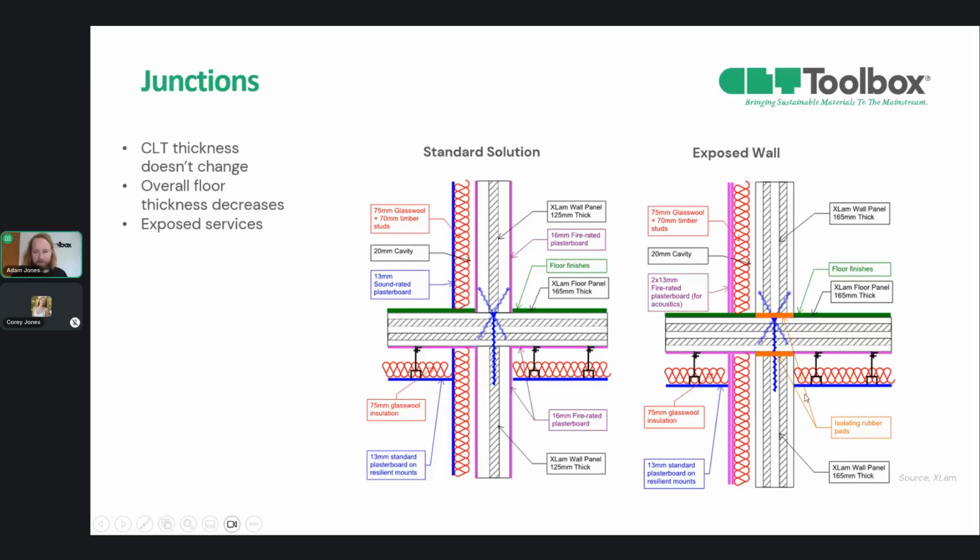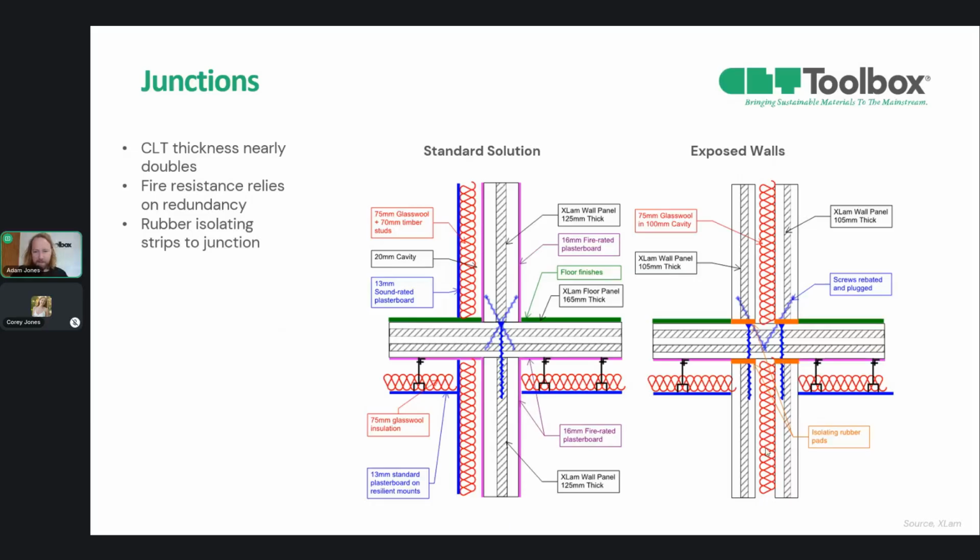Another option is you could perhaps expose one side of a wall. With that, you do have an exposed fuel load in this case. You do have a benefit from an architectural point of view. And you might use isolated rubber pads, and there's different suppliers who can supply that sort of product to help deal with the flanking issue. Or you could have two adjacent walls like this, and that might be better from having a discontinuous space in between to improve acoustics.